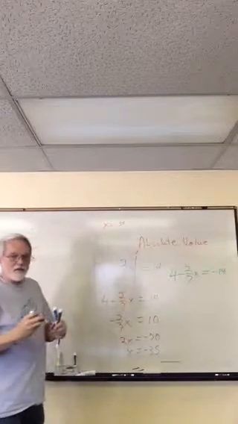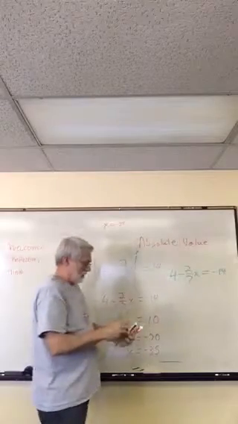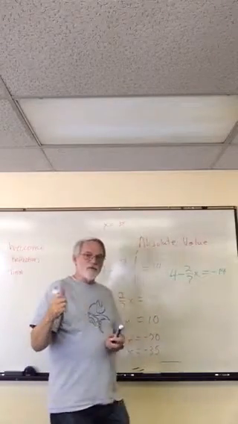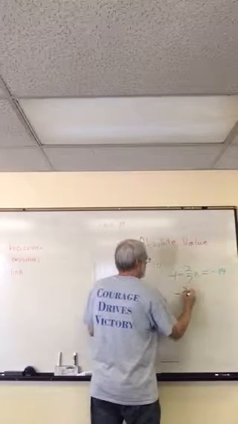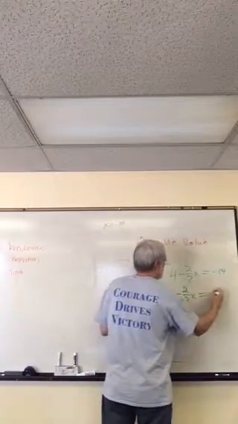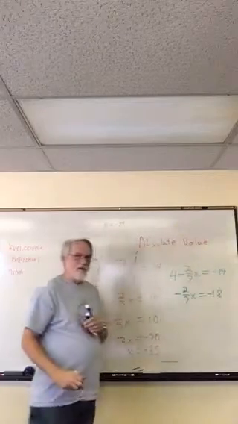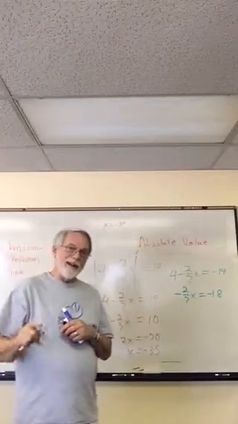X equals negative 35. The other one, we're still going to subtract 4 from both sides. Now we're going to get negative 2/7 x equals negative 18. Again, multiply through by negative 7.